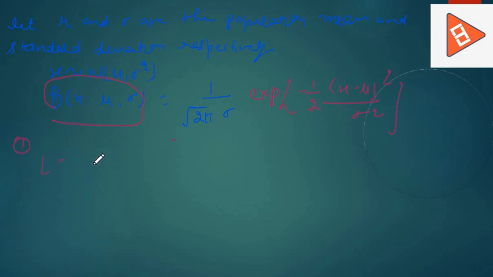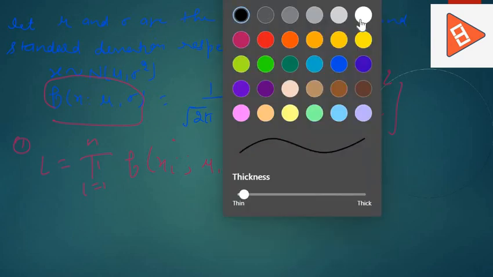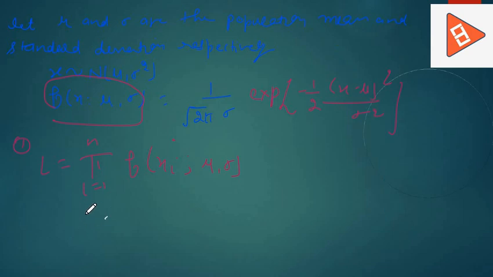So the likelihood function will be the product over i from 1 to n of f(xi; mu, sigma), that is equal to the product over 1 to n of 1 by root 2 pi sigma.